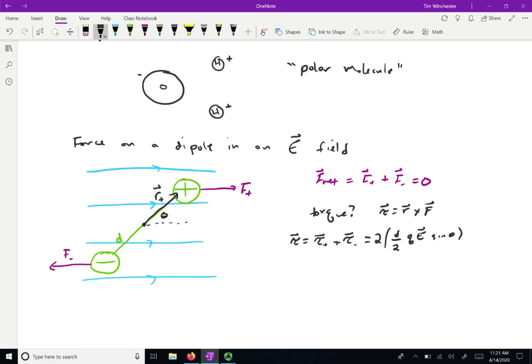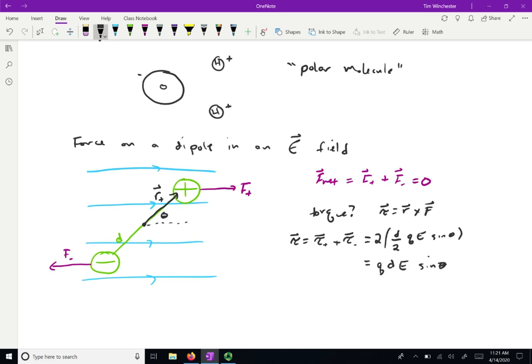Okay, and I should make this not a vector, since I just want to calculate the magnitude. So the 2's cancel, and what we're left with is that the net torque is going to be Q times D times E times sine theta.